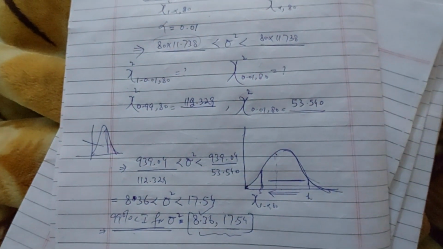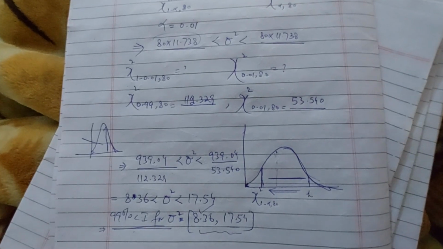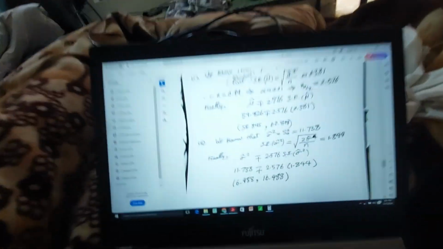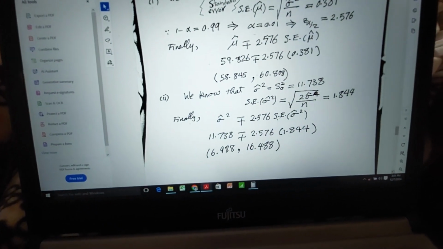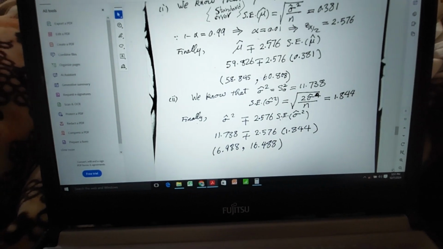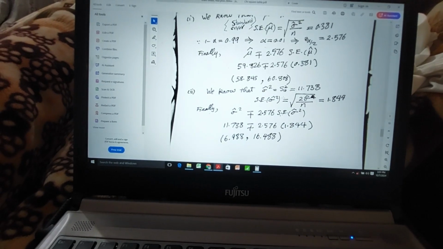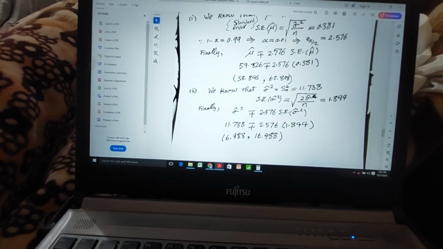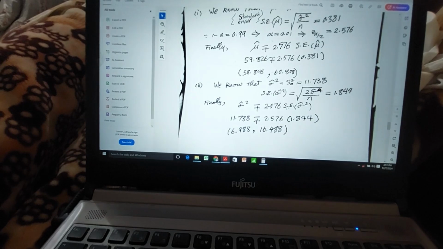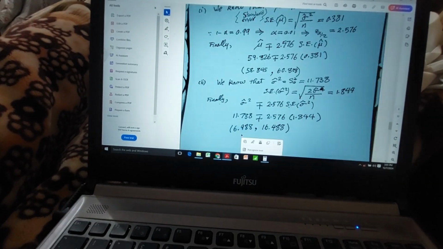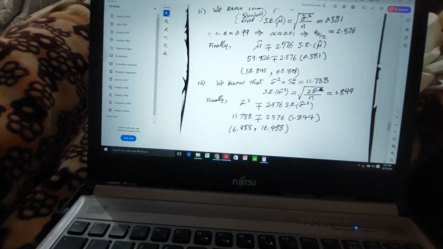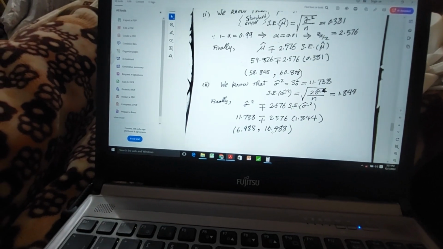Now let's compare it with the z formula. This is already solved, so I will use that one. When we use the z statistics, it gives us a value of 6.988 and 16.488.